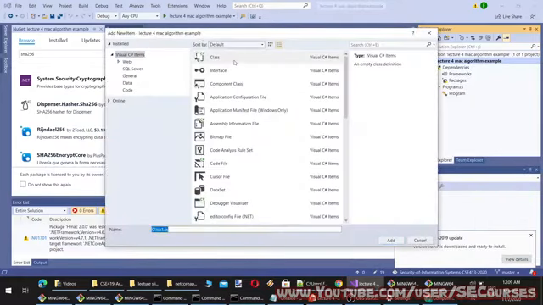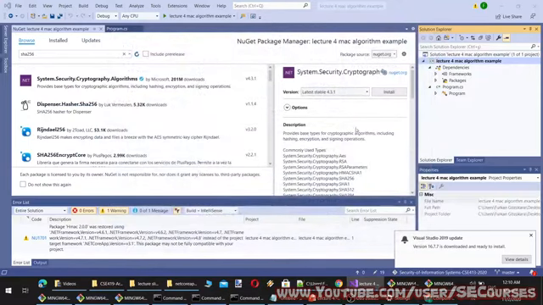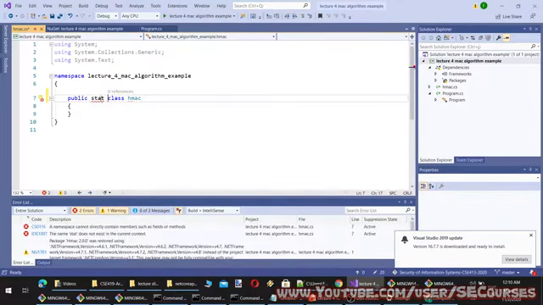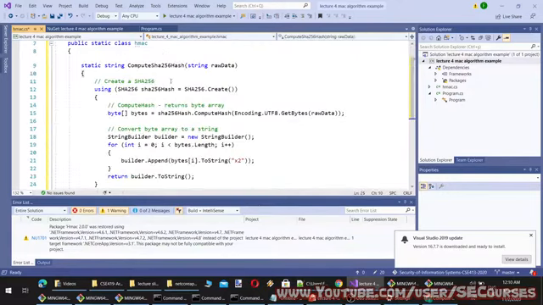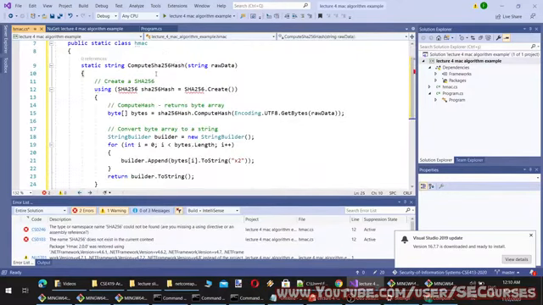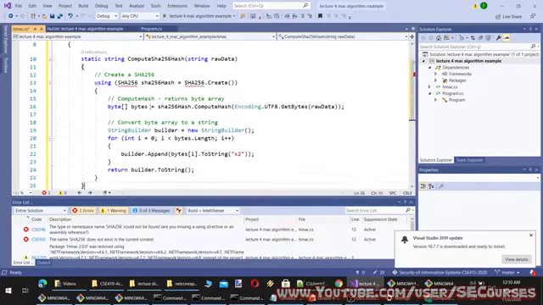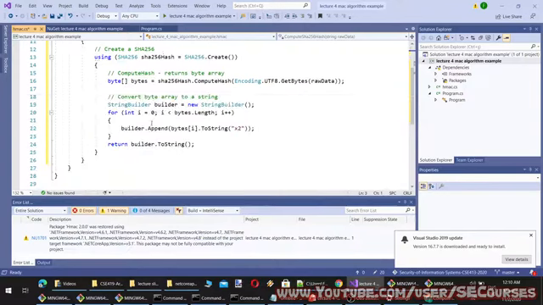I'm not going to use the other installed thing, and I'm going to name it HMAC. So this will be a public static class HMAC, and then I'm going to add a static string ComputeHash. To use that, I need to add the System.Security.Cryptography library here.